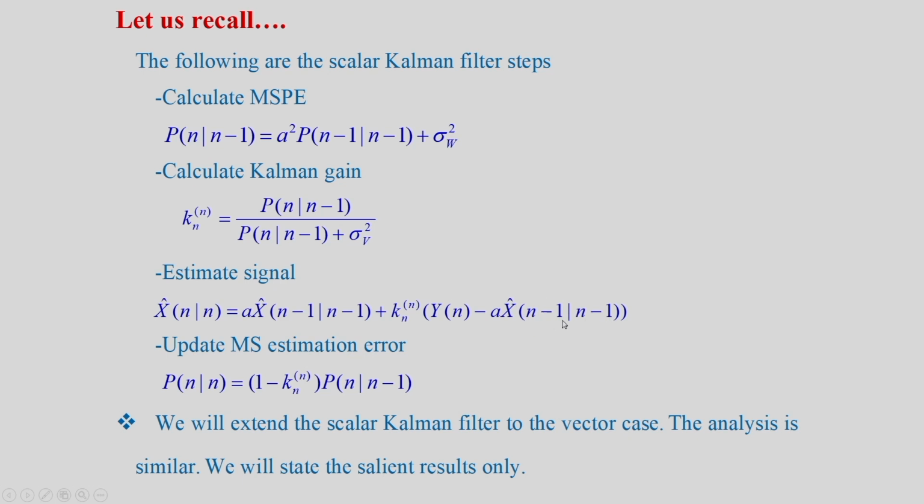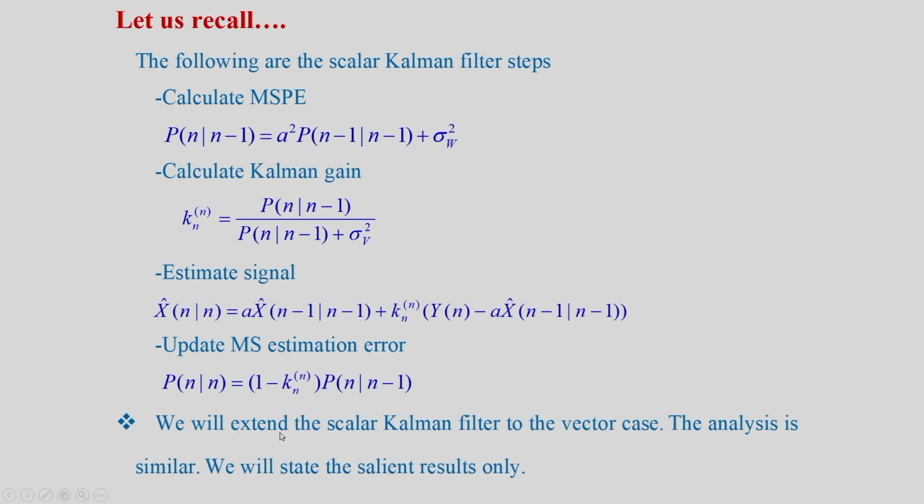This is the estimator at instant n minus 1. Then we update the MS estimation error. P of n given n is equal to 1 minus kn into P of n given n minus 1. This is the step for updating the mean square error.